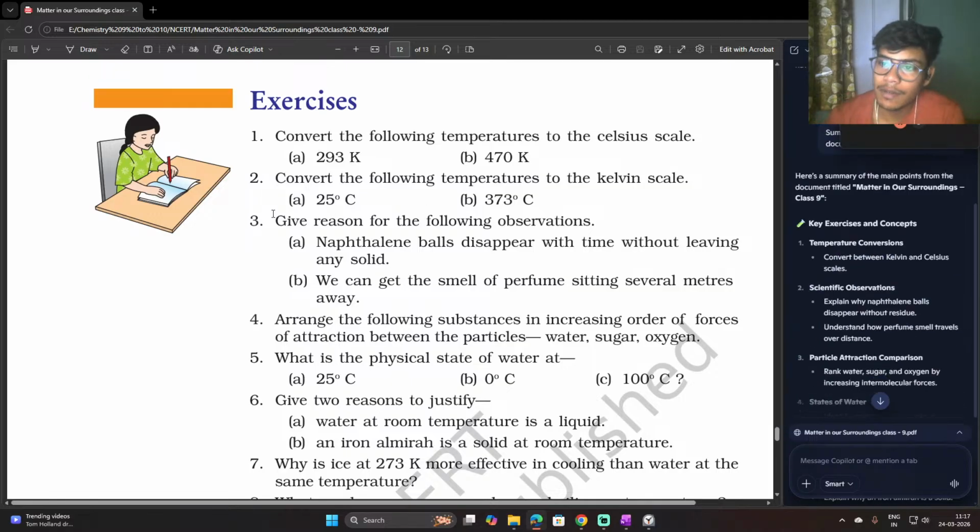Now the second one: convert the following temperatures to the Kelvin scale, from degrees C to Kelvin.